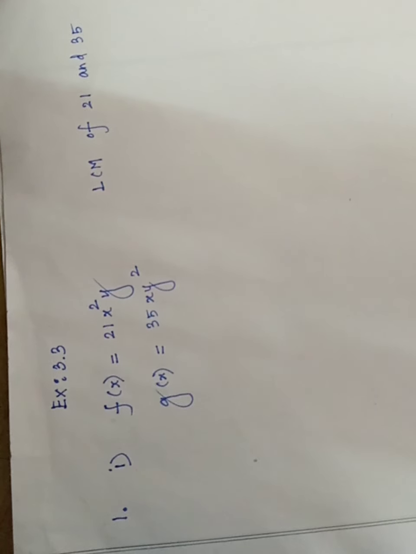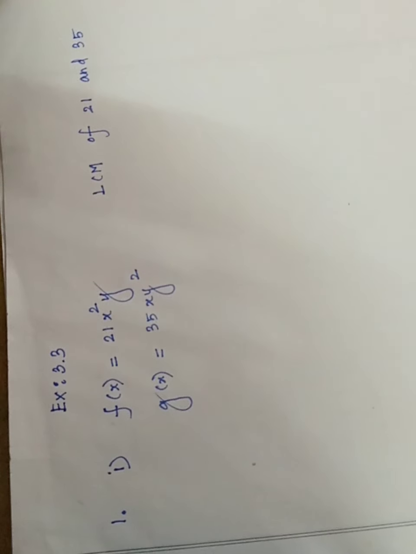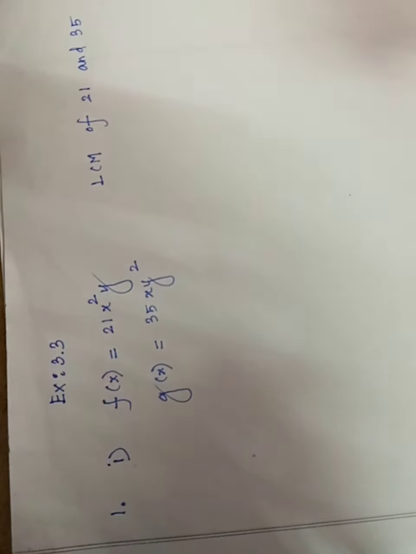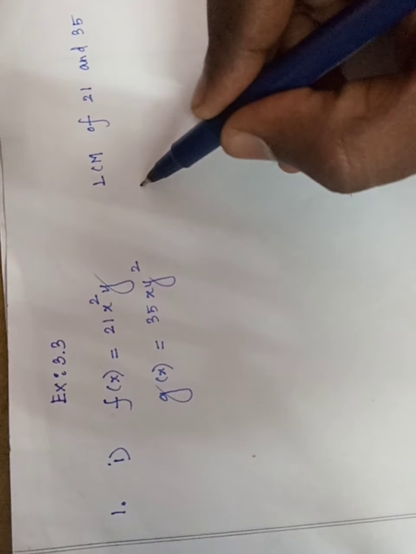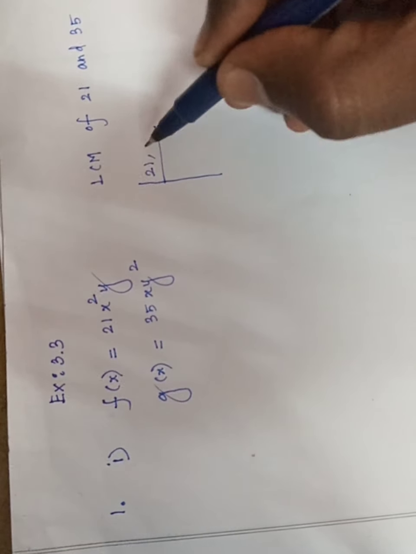Actually I told you LCM of 2 and 6 is 6, because the number 6 is a multiple of 2. But here two different numbers 21 and 35, how do we find the LCM of these two numbers? This method you have learned in lower classes.